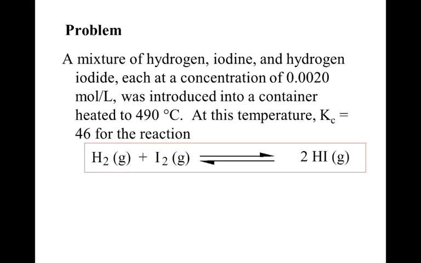I don't put an E there, because we're going to take a snapshot. The molar concentrations are equal. The question asks, is it at equilibrium, and if it's not, which way will it proceed?